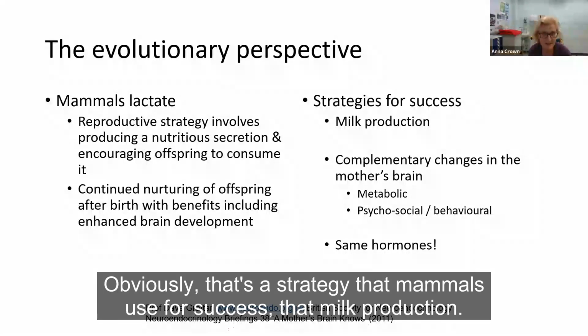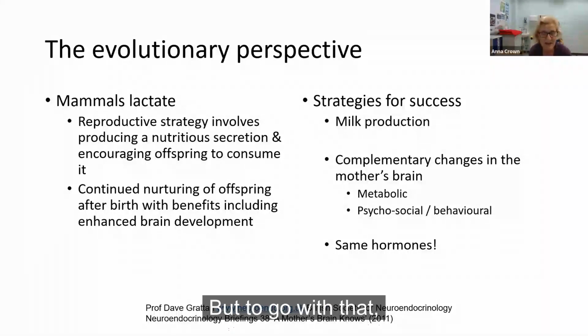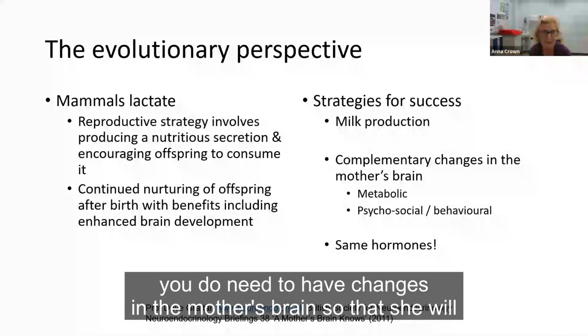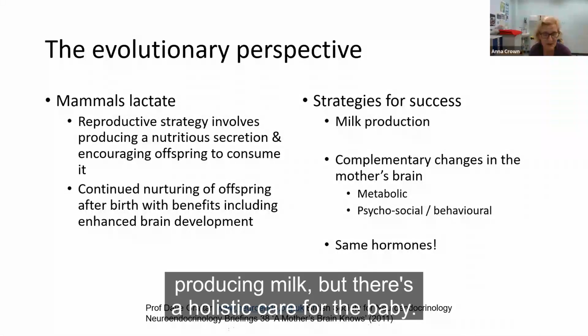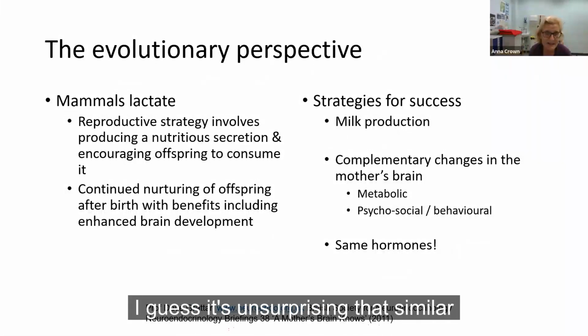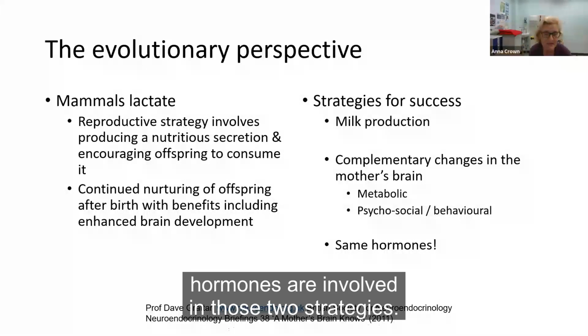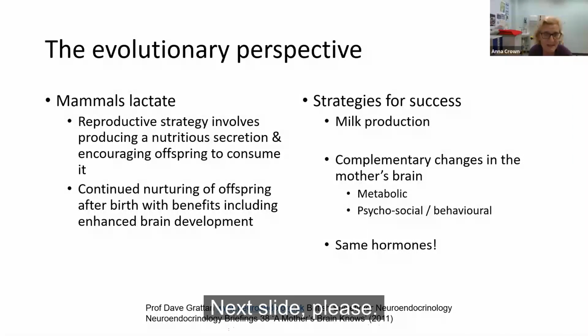So obviously milk production is a strategy that mammals use for success. But to go with that, you do need changes in the mother's brain so that she will nurture and care for the baby and adapt her behavior, so that she's not just producing milk, but there's a holistic care for the baby. And I guess it's unsurprising that similar hormones are involved in those two strategies.